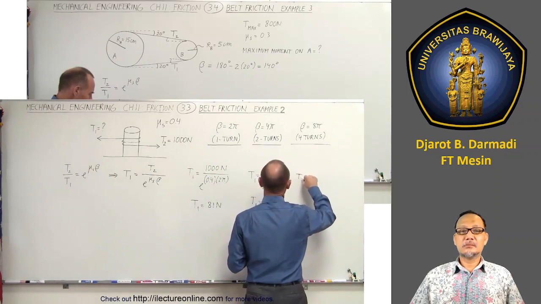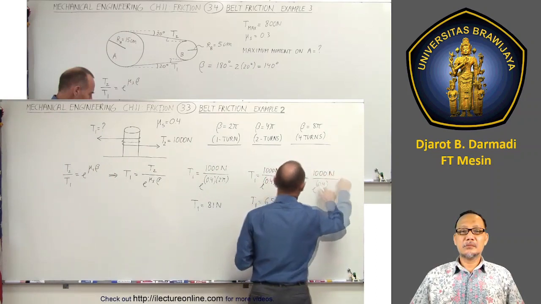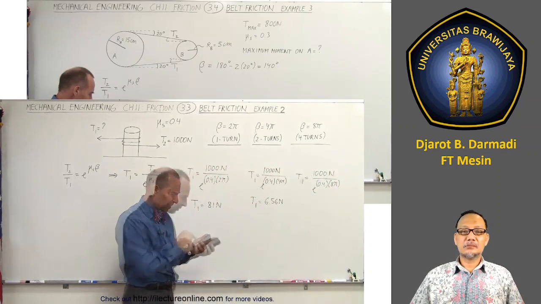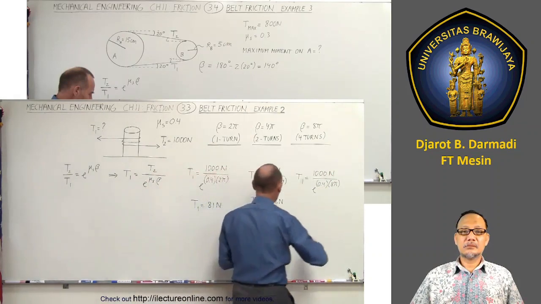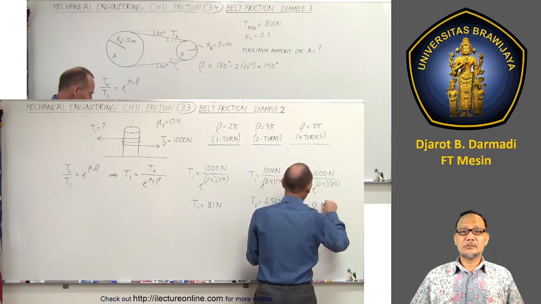Now we get T1 is equal to 1,000 newtons divided by e to the coefficient of static friction times 8 pi, which is 4 times around. See what we get? 0.4 times 8 pi, take the inverse, times 1,000, equals, and now T1 is just a very tiny 0.043 newtons.